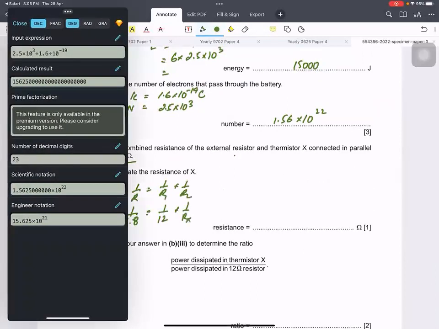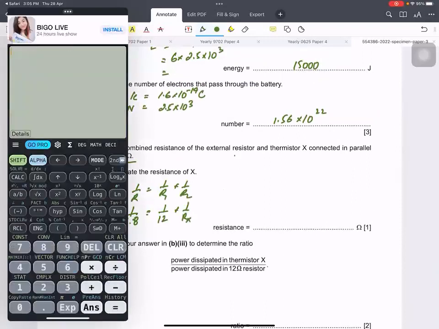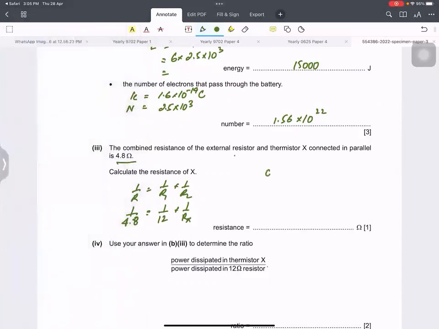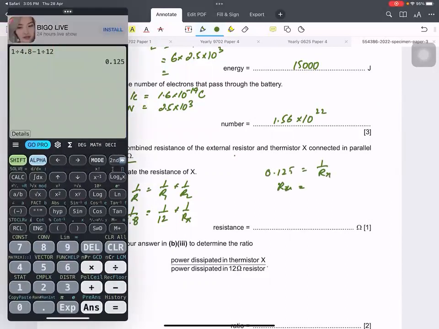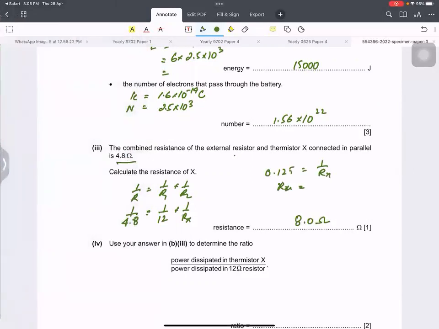Now, what we're going to do? 1 divided by 4.8 minus 1 divided by 12. This is 0.125 equals 1 upon Rx. Rx is going to be 1 divided by answer, 8. So I'm going to write 8.0 because of the significant figures.